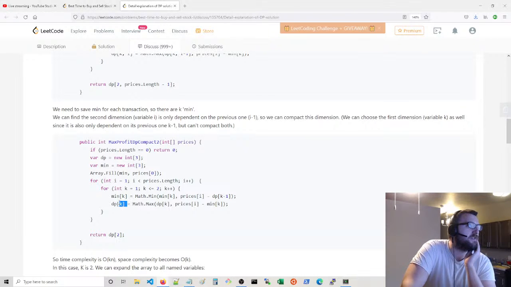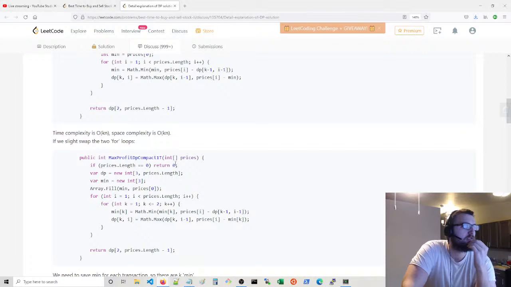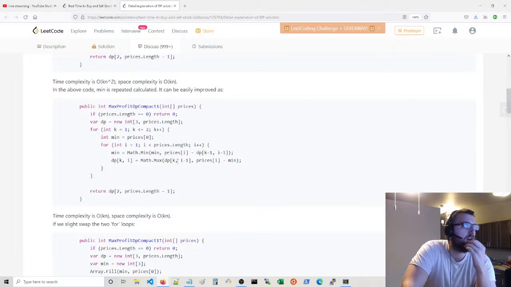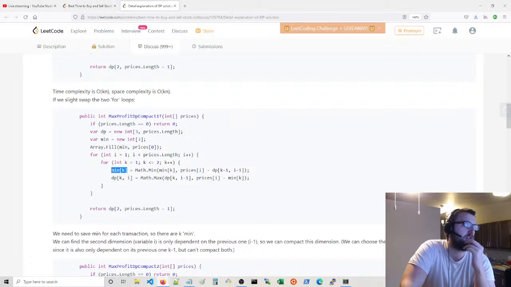You change dp of k before you get to it. That's the problem. You see that? Do you see that? I think you're supposed to, though. Yeah. This min of k changes. You don't change dp of k, you change min of k.